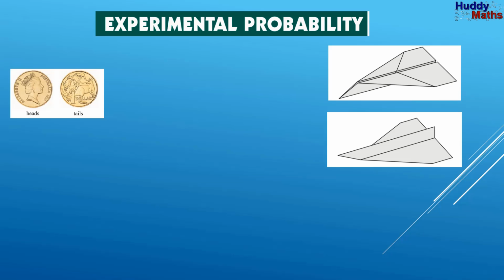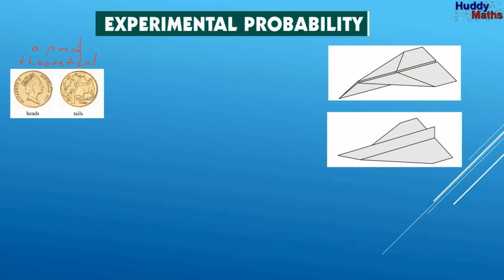Okay, let's move on. Experimental probability. Now, this is interesting. What we've been doing so far is really theoretical probability, so I'll put that down. Theoretical probability, or a priori, from the Latin, meaning before you do any checking, any tossing of coins.